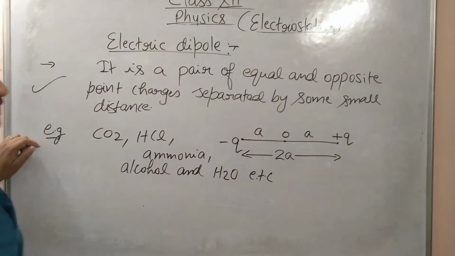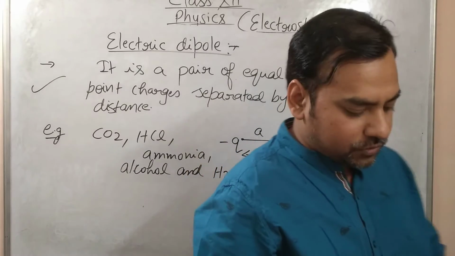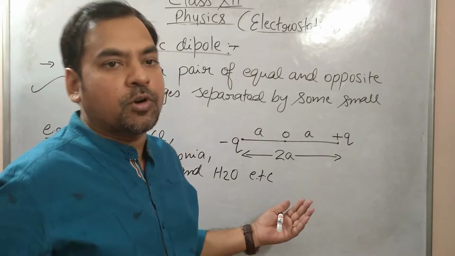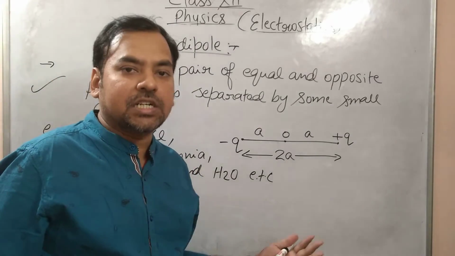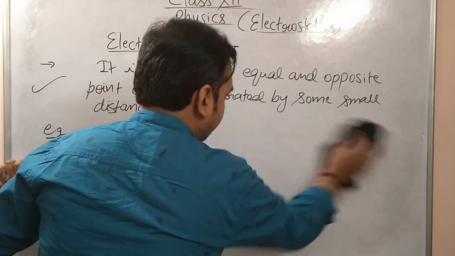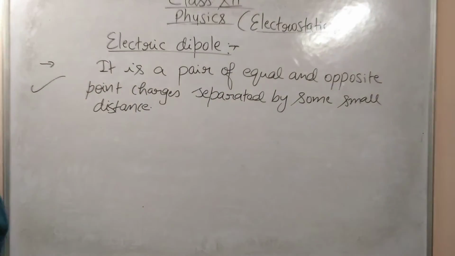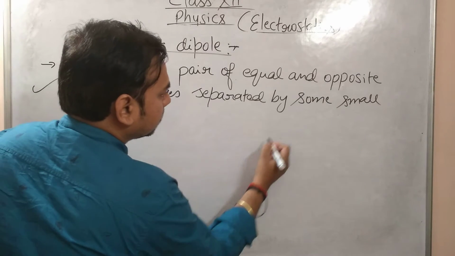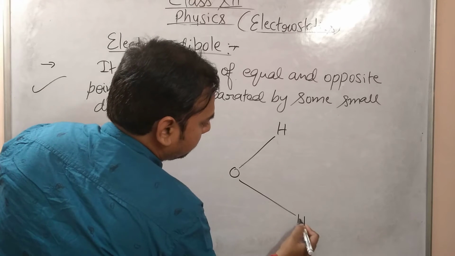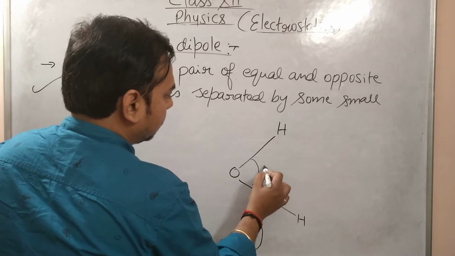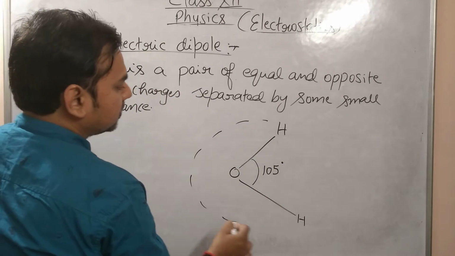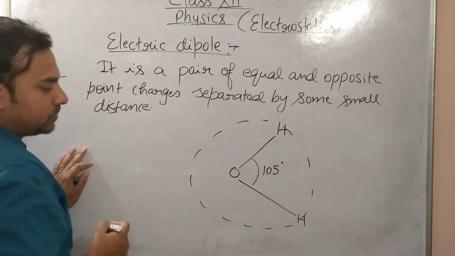Let us draw a very simple structure of H2O to understand how this H2O molecule shows electric dipole behavior. This is H, O, H, and this angle is around 105 degrees. This is the H2O molecule.